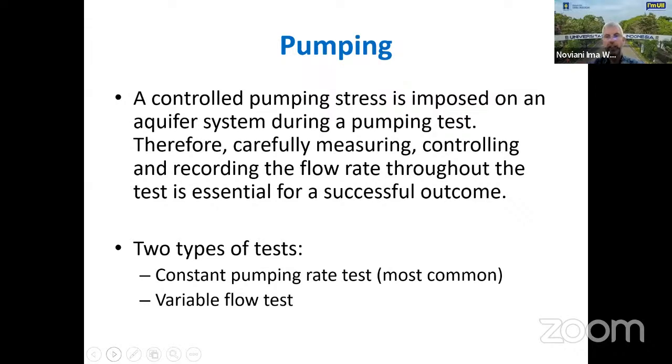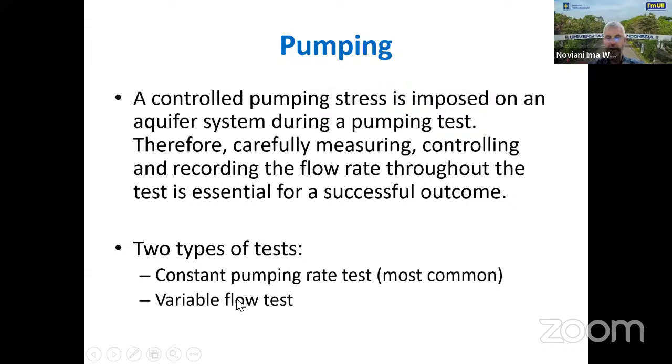So usually we're pumping at a constant rate. That means during the entire 24 hours or however long the test lasts, we're pumping with the same rate. Let's say 1 cubic meter of water per minute. This would be the constant pumping rate for the entire test.